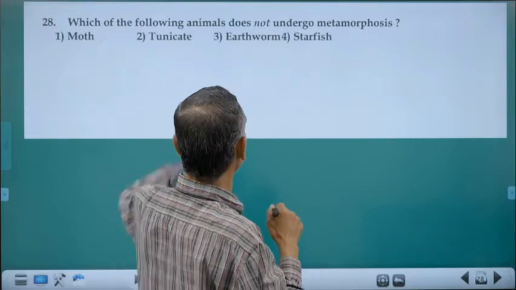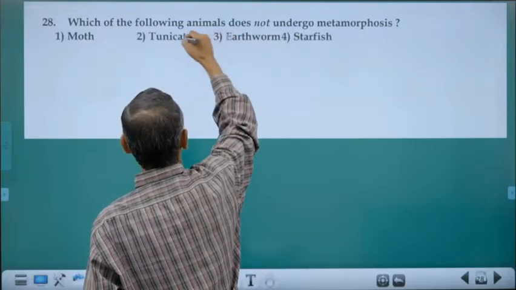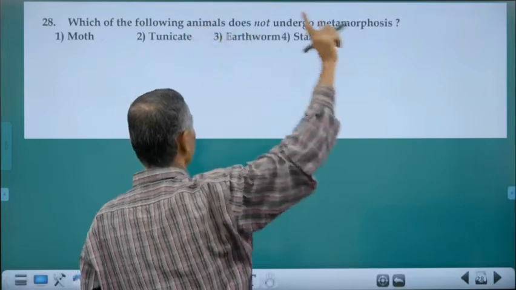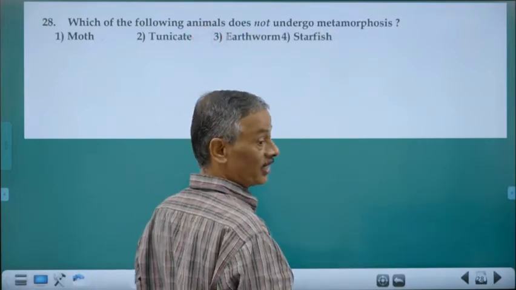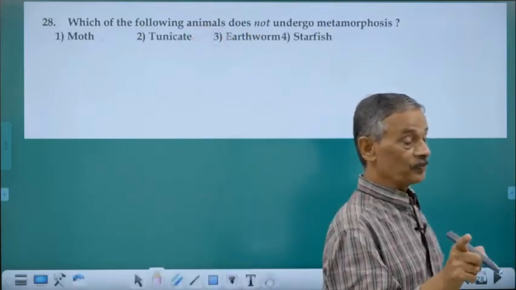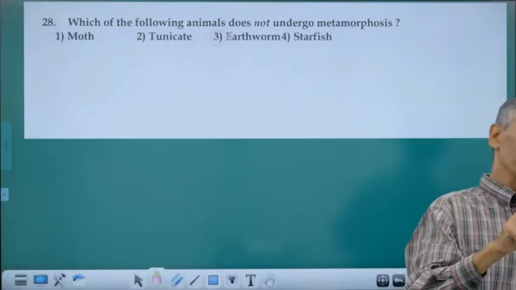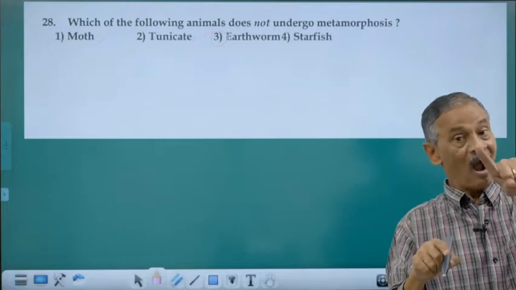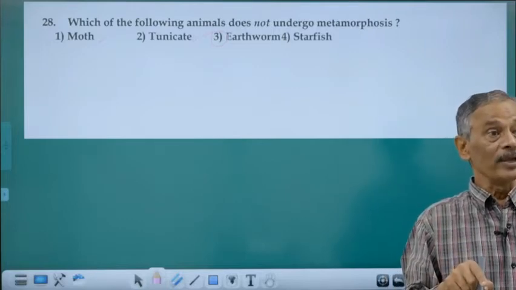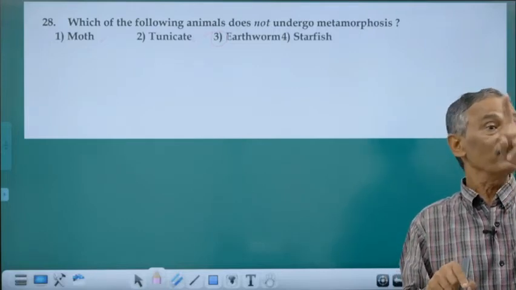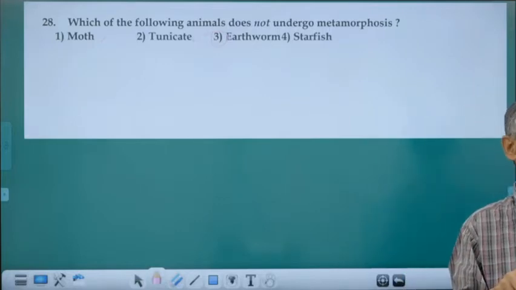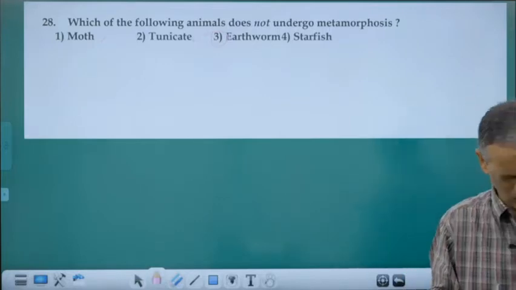Typical example, earthworm. Earthworm has no larva stage. Development is direct. See, in all annelids, development may be either direct or indirect. All annelids need not have a larva stage. Sorry, trochophore larva.